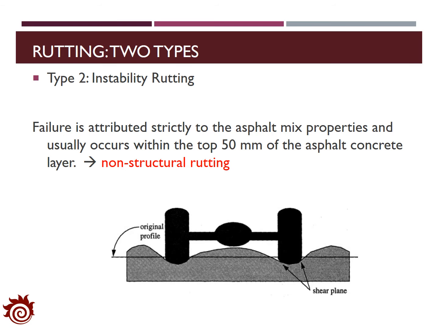The second type of rutting is instability rutting, which is also called non-structural rutting. The figure here demonstrates the effect of instability rutting, and it usually occurs within the top 15 millimeters of the asphalt concrete layer. The failure of this type of rutting is attributed strictly to the asphalt mix property.